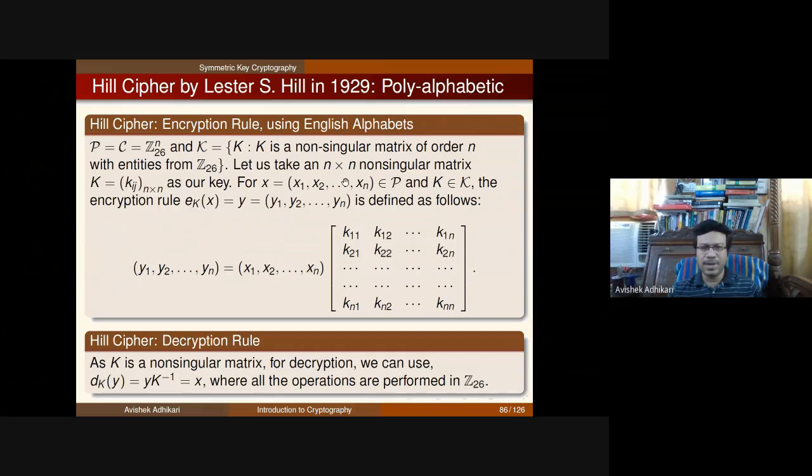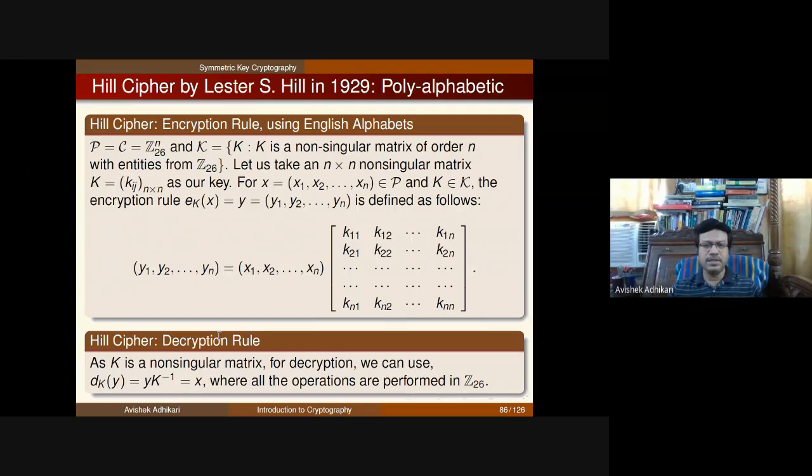Now this plain text will be converted into the ciphertext. How? This is the plain text, and this is my key, and this key will be shared with both the sender and the receiver. When you get this y, you just multiply with K inverse, and you will get x1, x2, x3, and that's the decryption process.